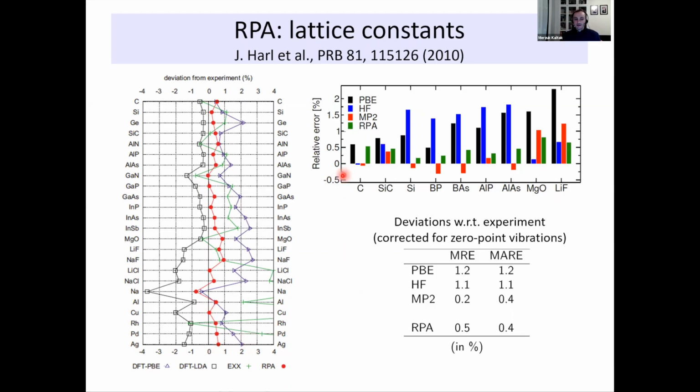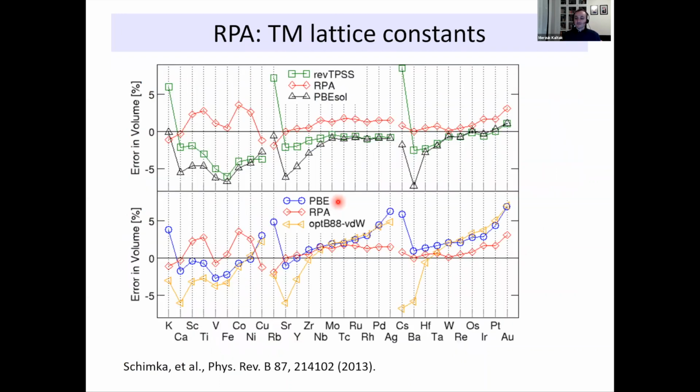Here on the right-hand side, you see the relative error for a set of different systems for the lattice constants computed with different methods. And once again, RPA overall has a relatively small error. So far, so good, but what do RPA lattice constants for transition metals look like?